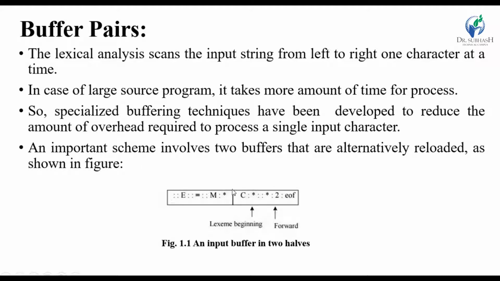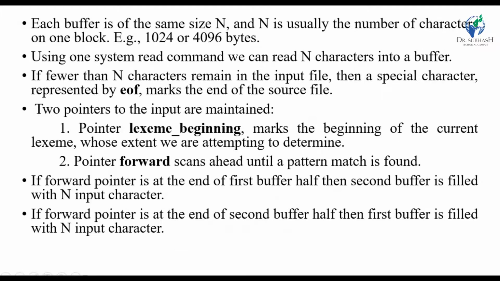If the first buffer half is completed, then it loads the second buffer with n input characters. Then the lexeme beginning pointer points to the start of the second half, and the forward pointer is incremented until it finds the matching pattern.